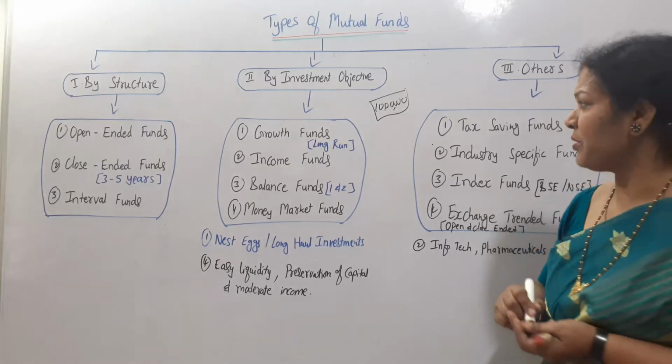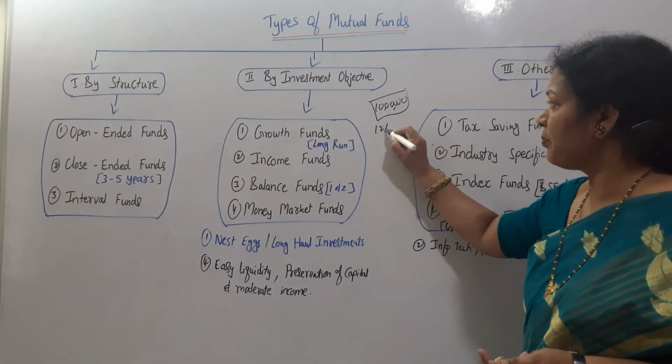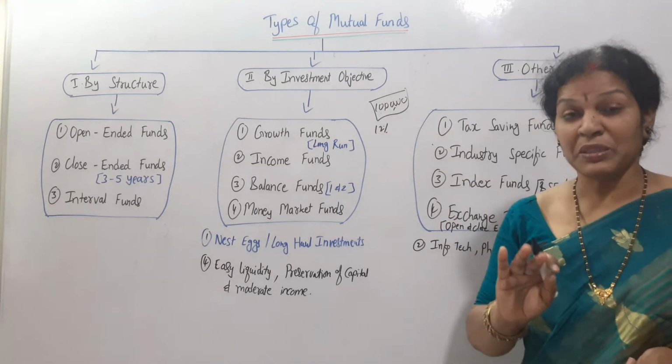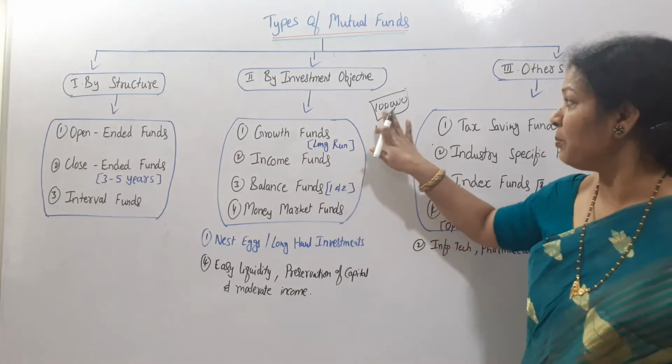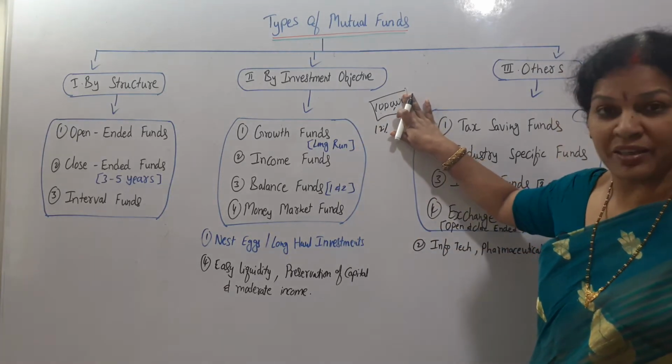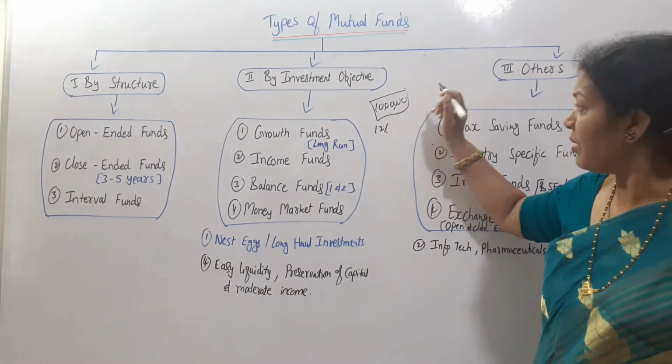Say for example 12% dividend I am getting. So 12% yearly means every month 1%, which comes to 1 lakh, right? 1 lakh?